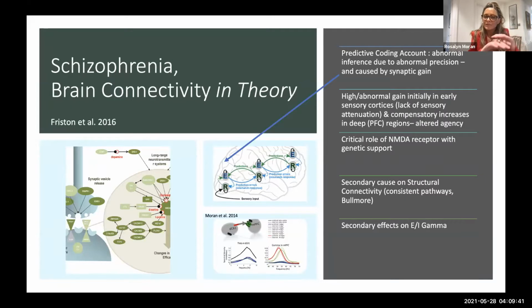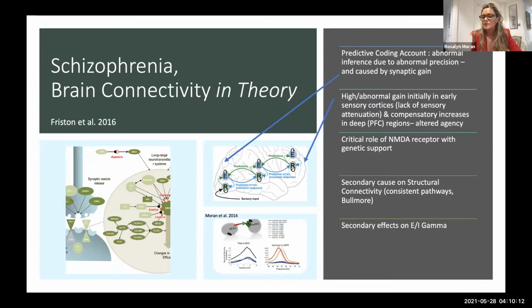So therefore, what you have is your radio set onto all the channels at once. So you're sort of jumping through different AM stations. And you have this aberrant precision or abnormal gain control that's giving you very confusing sensory prediction errors. What happens as a result then might transmit to the frontal cortices. So you have to make predictions without being able to attenuate sensory errors.